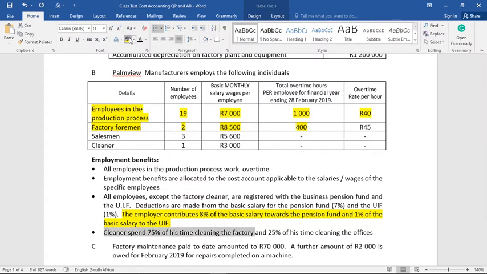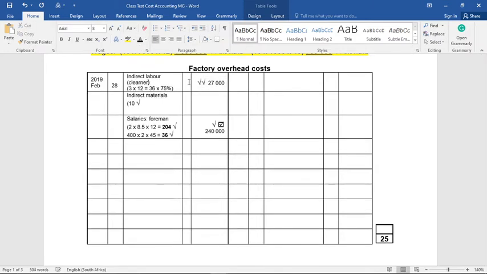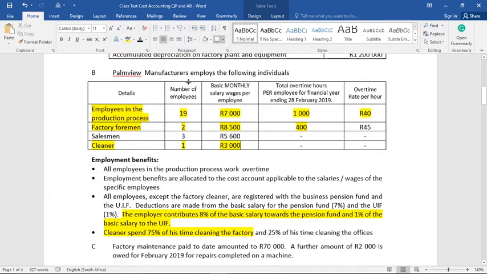So let's just pause there. The cleaner earns 36,000 Rand for the year, but only 75% must go to factory overheads. So watch my calculation carefully here. Indirect labor, which we're talking about the cleaner here, right? 3,000 Rand times 12 months gives you 36,000, and times 75% will leave you with 27,000 Rand, and that's how much goes to factory overheads.